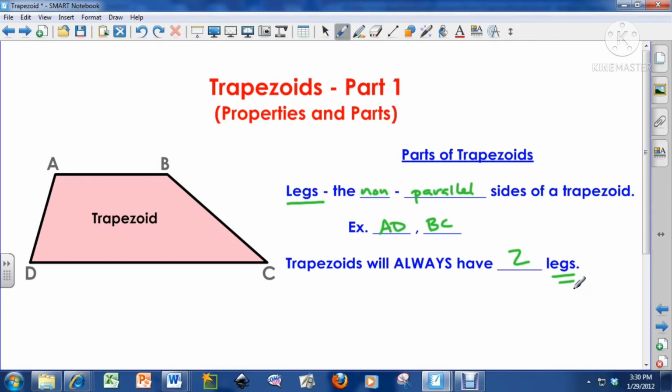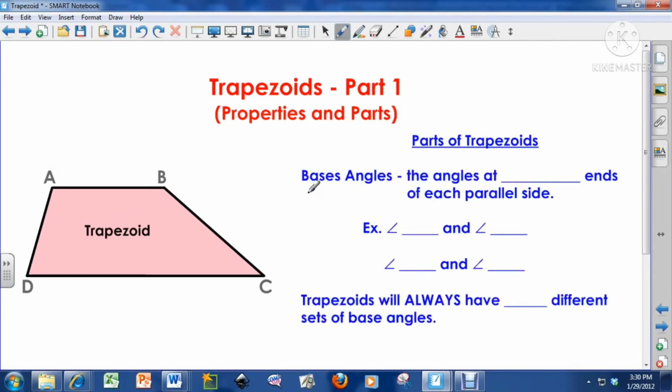Next, we are going to see about angles. A trapezoid has how many angles? Yes, four angles. So what are the base angles? The angles at opposite ends of each parallel side are called base angles.